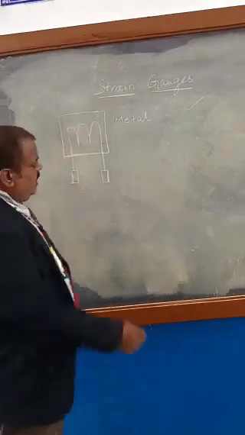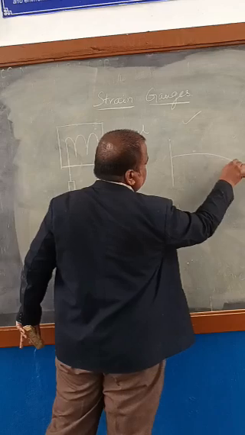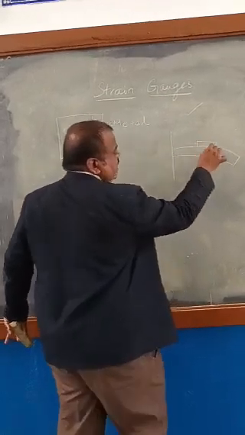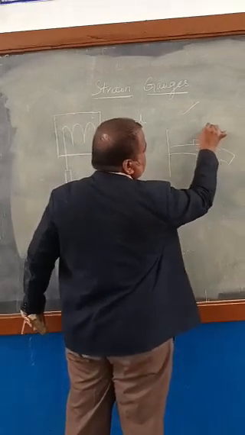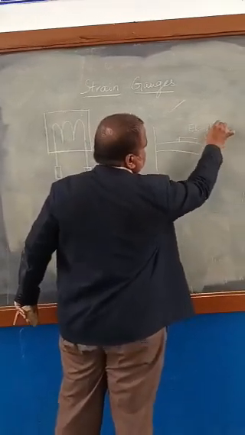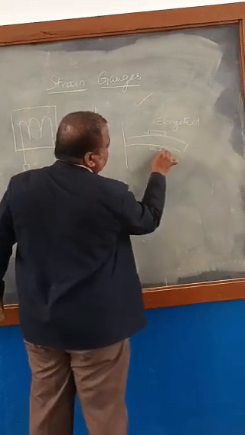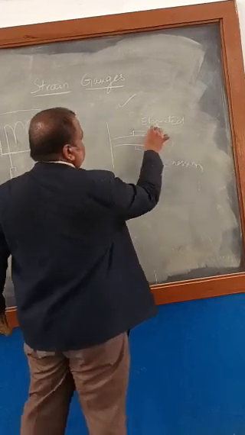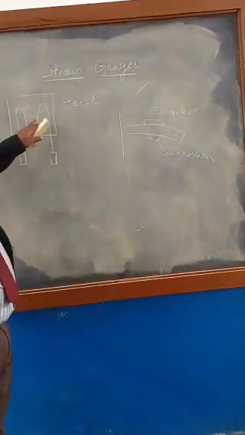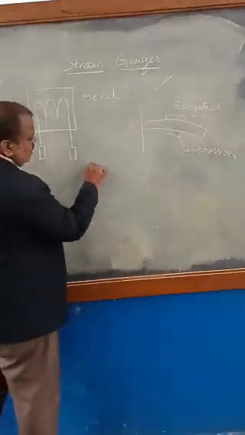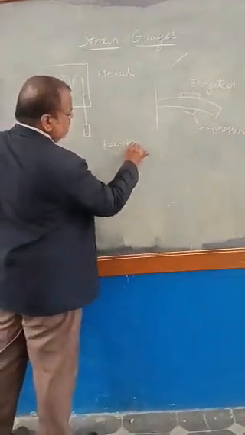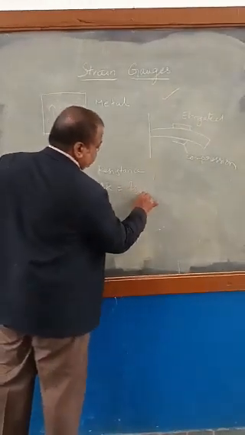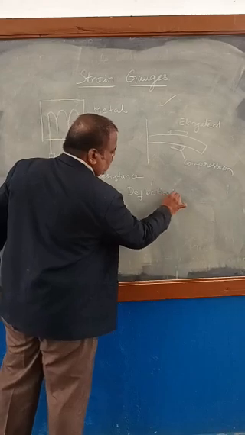When the beam bends, the strain gauge on the top will get elongated, and the bottom strain gauge will get compressed. Due to elongation or compression, the metal wire expands or compresses, so it will produce a change in resistance. That change in resistance, del R, is nothing but the deflection.